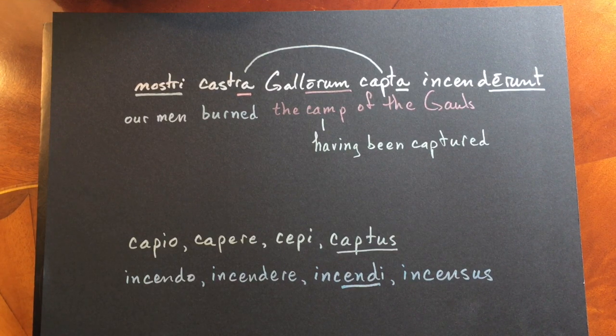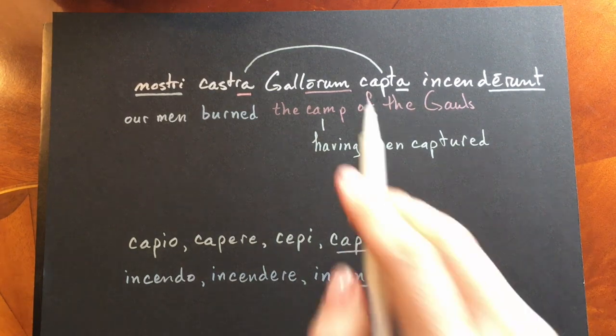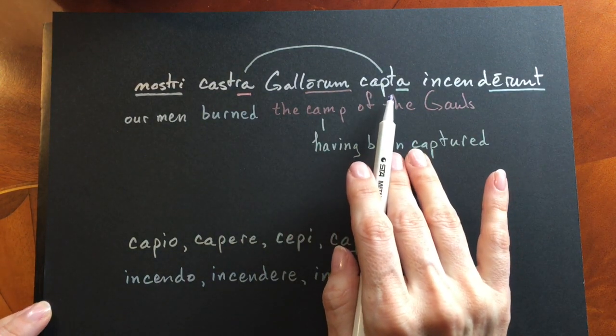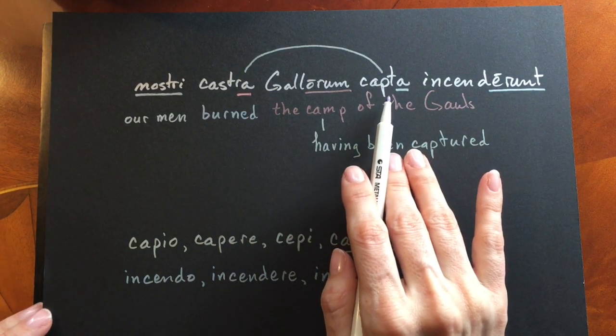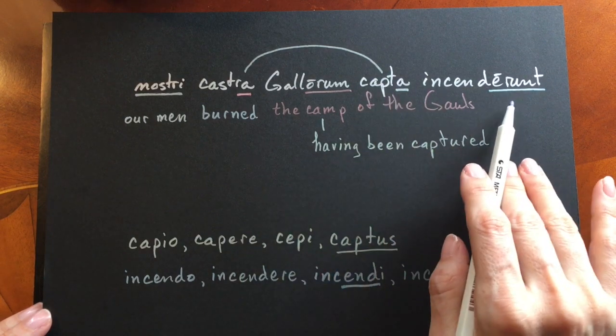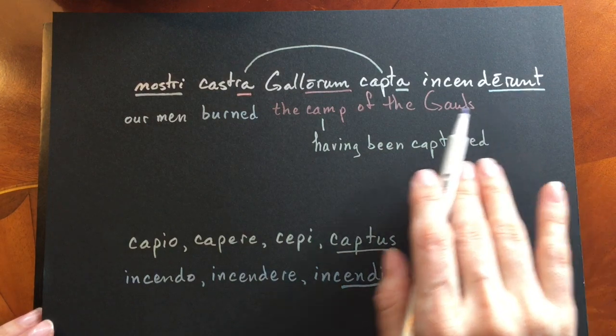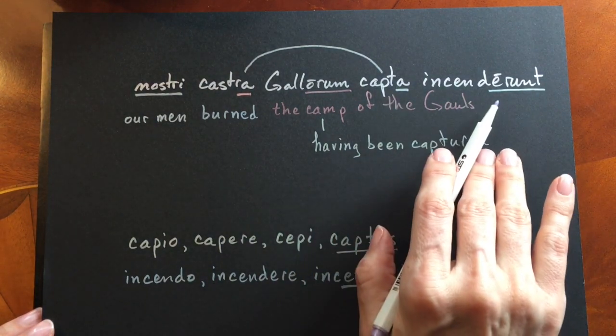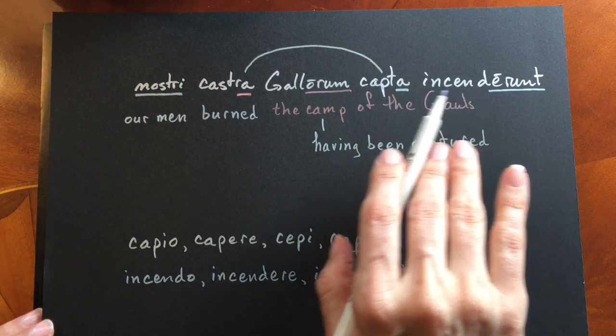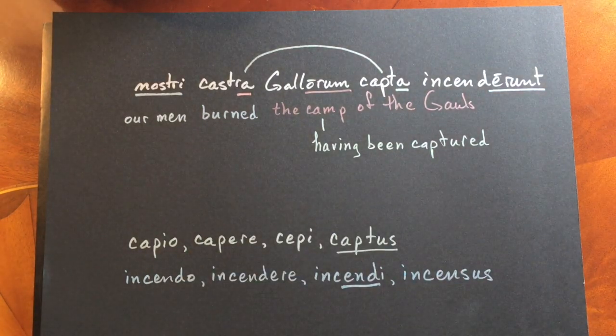The key here is to note that capta is in the past. It happened before the main verb. The main verb is in the past. So before they burned it, they captured it.